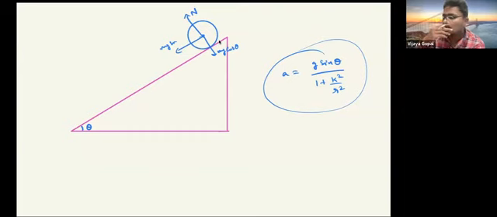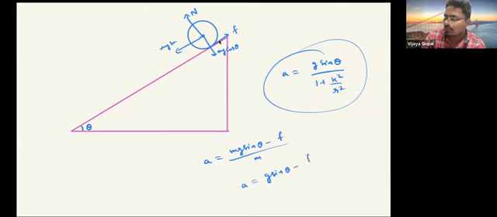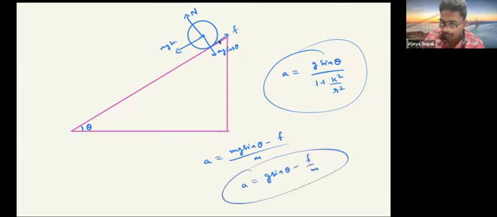Sliding means friction F will be there. So acceleration, how much can I write? A equal to mg sin theta minus F by M. So A equal to g sin theta minus F by M. So this is the graph between acceleration and force. Finally it will become constant.